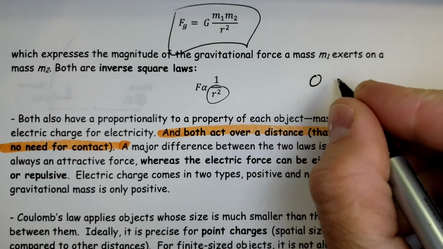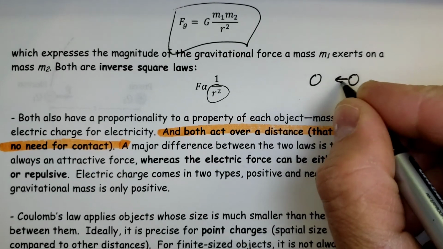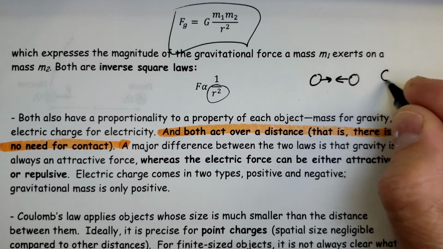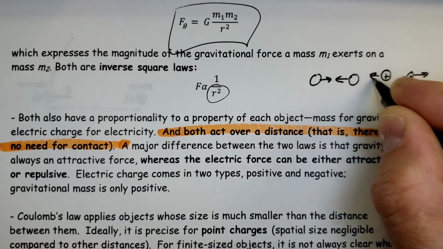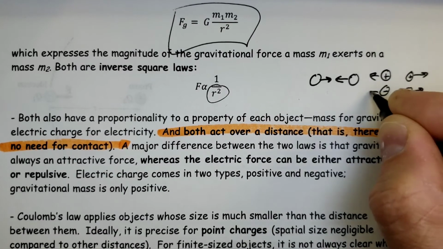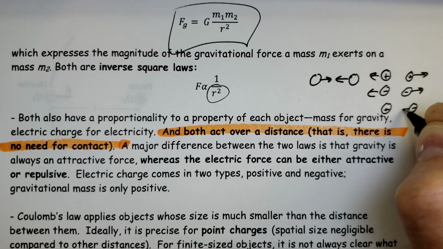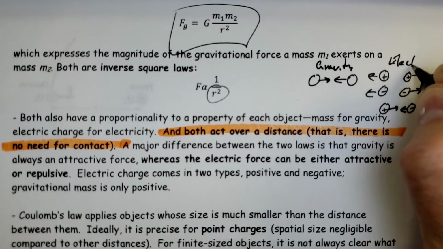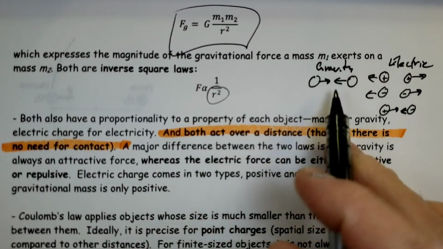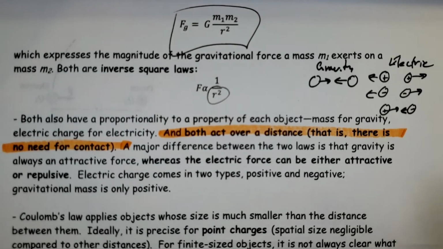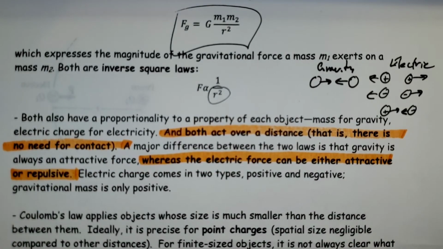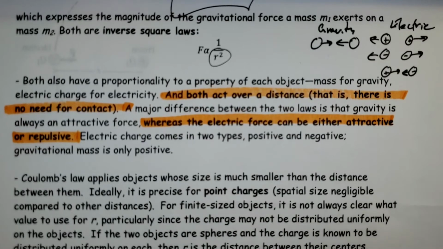We haven't discovered repulsion in terms of gravity, but with electric charge, of course, there's repulsion and attraction. So electric force can be either attractive or repulsive. Electric charges come in two types, positive and negative, whereas gravity is only positive, as we described.